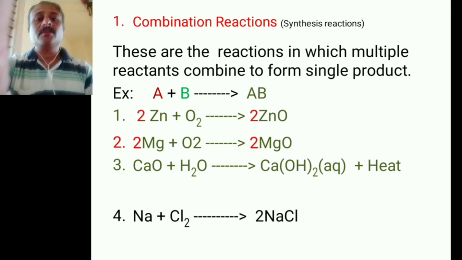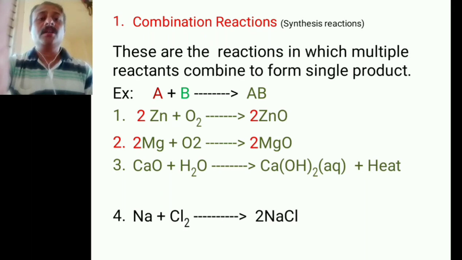Same with magnesium. When you burn the magnesium ribbon, it burns with a white dazzling flame, producing magnesium oxide. So magnesium plus oxygen combine to form one product, magnesium oxide. Same in the case of calcium oxide, what we call lime.